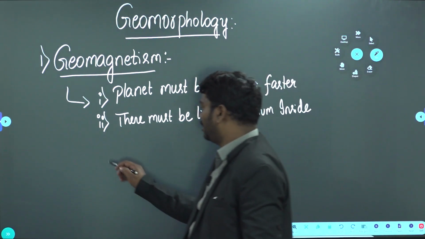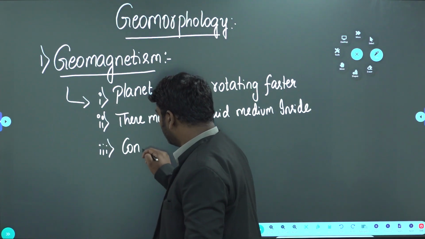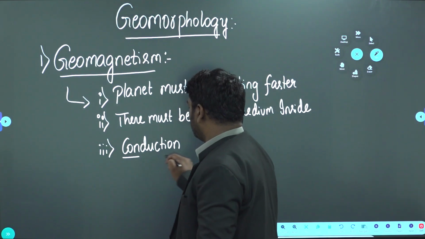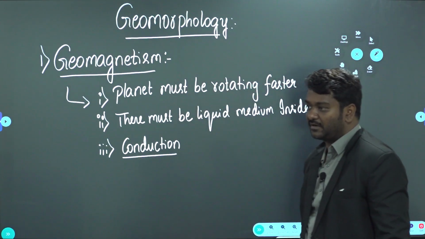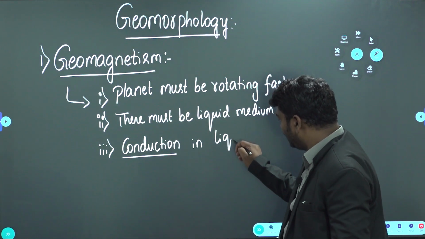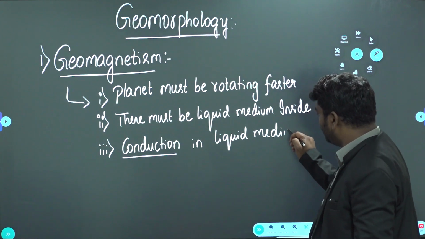And from this liquid medium, conduction must be there. So only when there is conduction in liquid medium, you will normally observe geomagnetism.